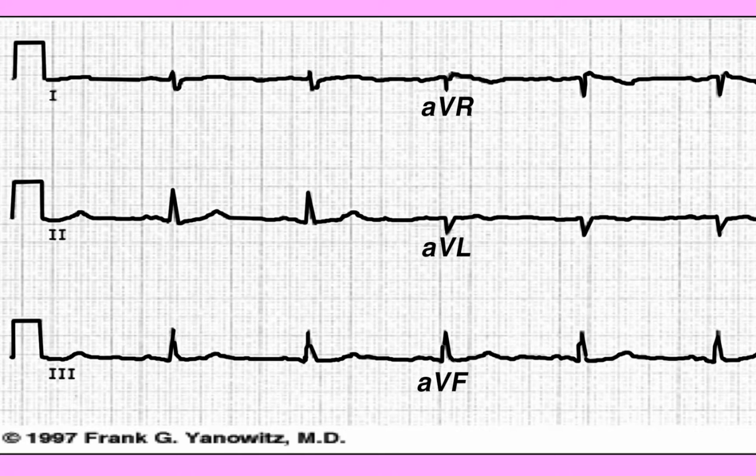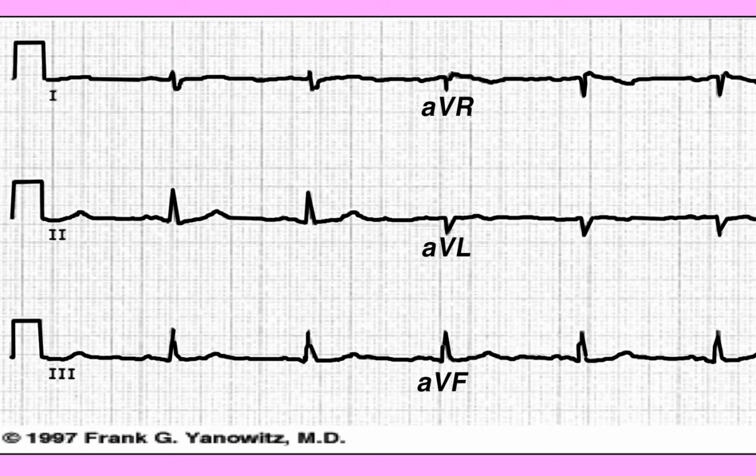If you do this with AVF, you end up with an axis of 0. If you do it with lead 3, you end up with 30 degrees, because AVR's down, so you go away from AVR's positive, and you get 30. So this axis is actually halfway between 0 and 30, which is 15. You don't have to be tested on that for this course, but that would be a way to come up with something that's not right on a line.